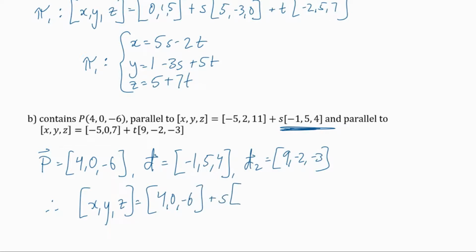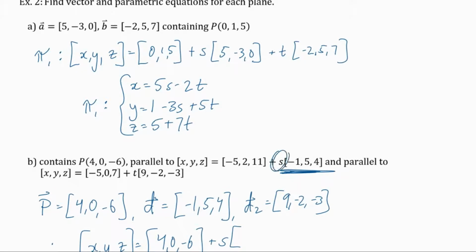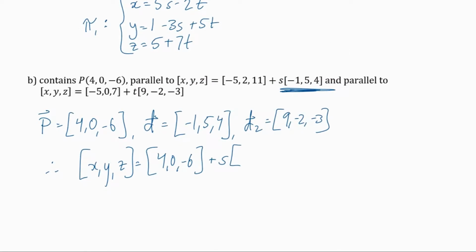And when we're using parameters, I've said this before, we have to use different parameters. You noticed up here that there's an S and a T. That S and that T is not necessarily the same as the S and the T in what I'm using, but generally speaking, when we're doing equations of planes, we use S and T, and you can't use T and T. They have to be different parameters. That's really important.